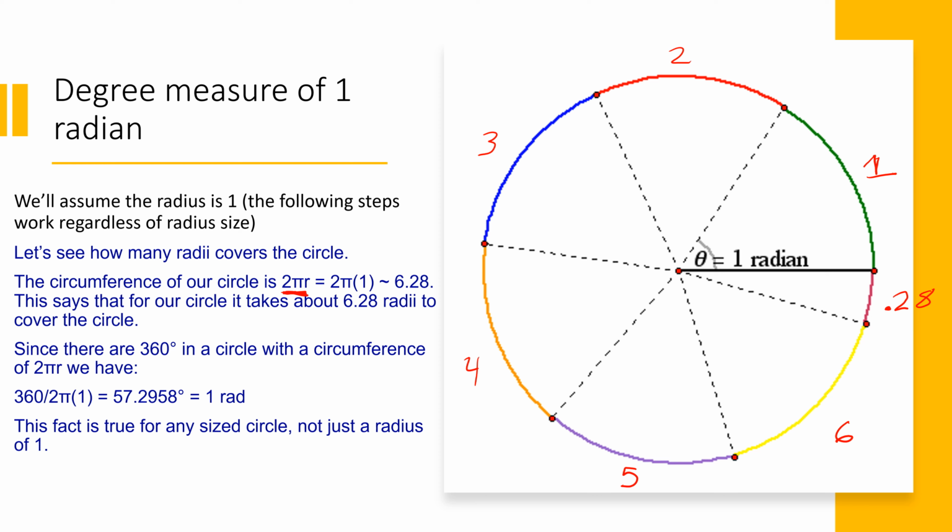So 1 radian is roughly equal to 57.3 degrees. It doesn't matter the size of the circle. It doesn't matter if the radius is 1 or 10 or 50 or 1/2. 1 radian is going to equal 57.3 degrees regardless of the size of the circle.